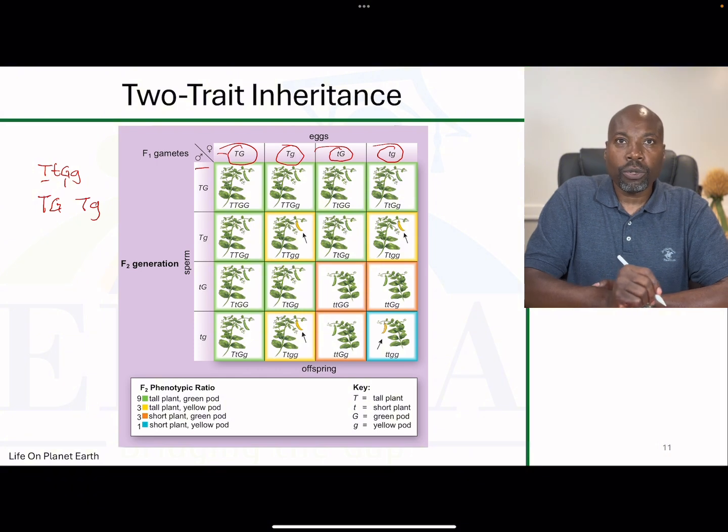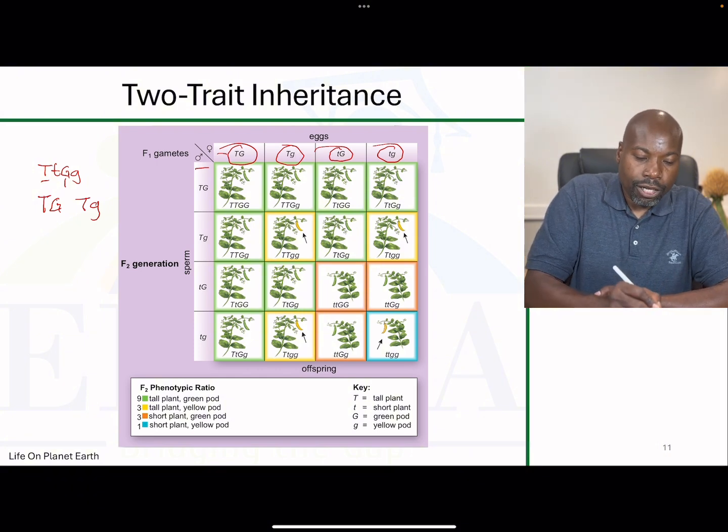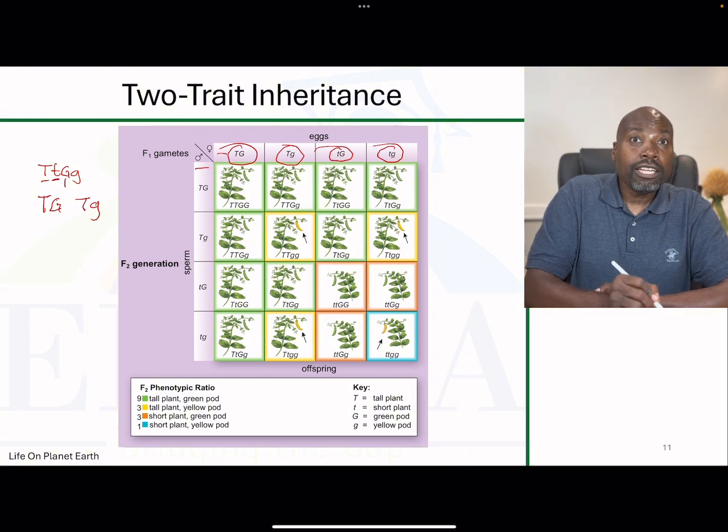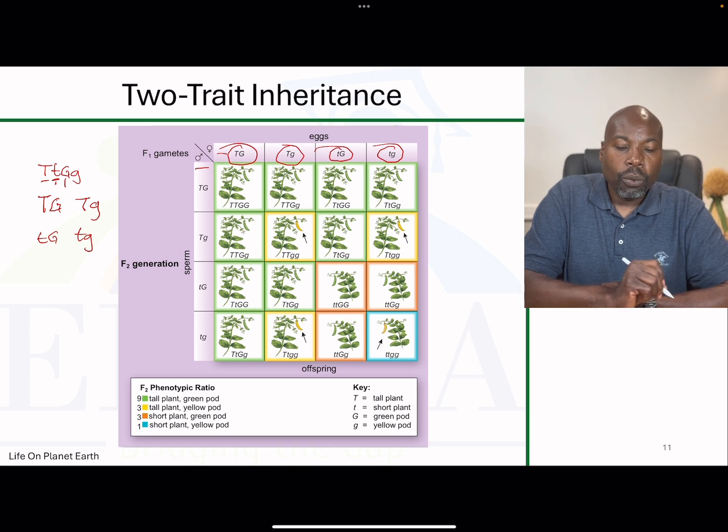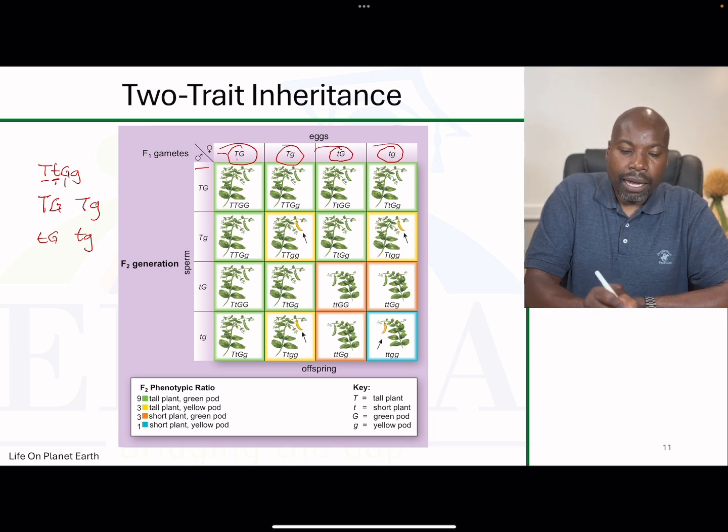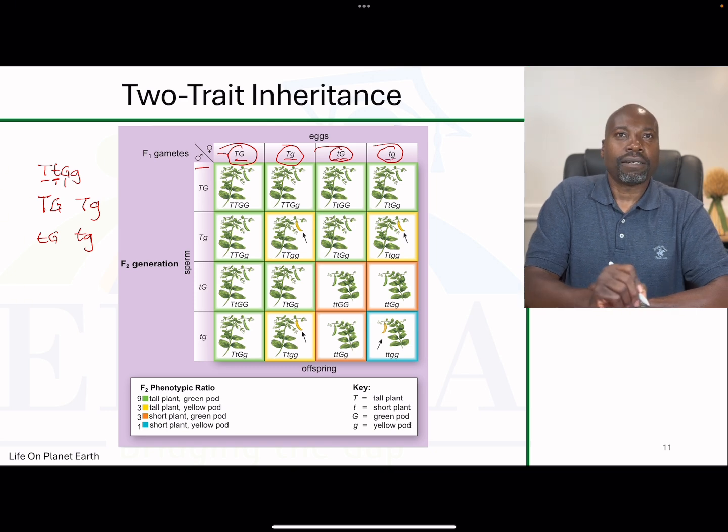At this point, we are going to focus on lowercase t. So lowercase t can end up in the same cell as capital G, and lowercase t can end up in the same cell as lowercase g. This is why we see capital T, capital G, capital T, lowercase g, lowercase t, capital G, and lowercase t, lowercase g, right?